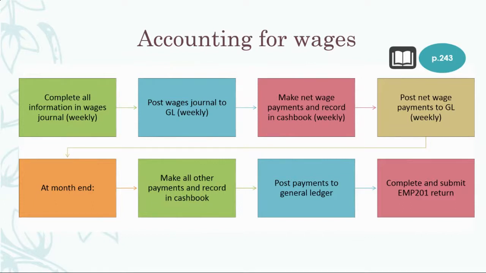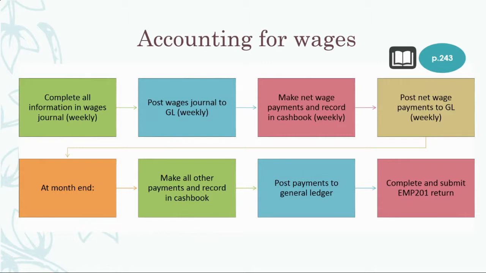And then at the end of the month, you would make all the payments for that wages at the end of the month. So you won't necessarily make the payments every week. You would generally add it up and pay it at one stage. It all depends on how the business works, whether they pay it on a weekly basis or whether they pay it once a month.